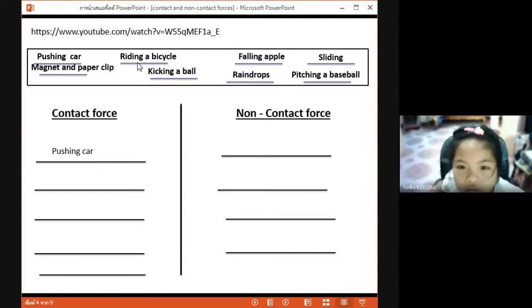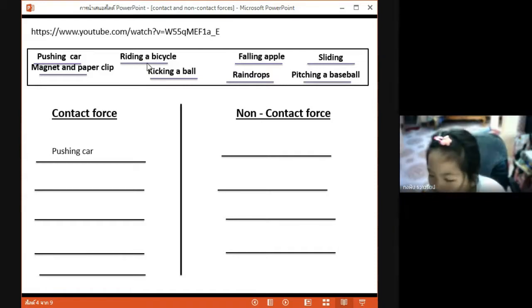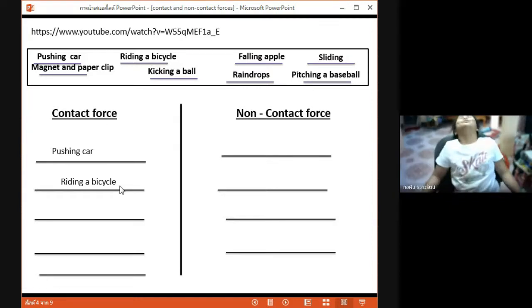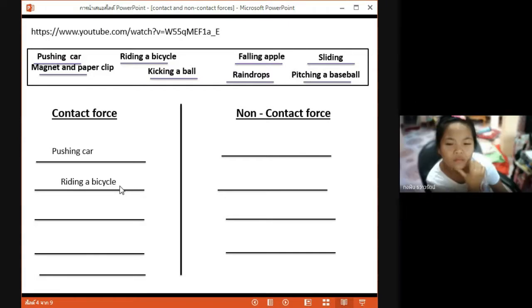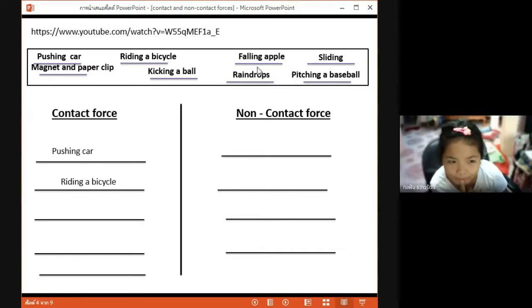Contact force. Okay, so Torfan says contact force. Yes or no? Yes. Okay, so it is contact force. So 5 points for Torfan. Torfan, do not answer. I'll let the others answer the next word.